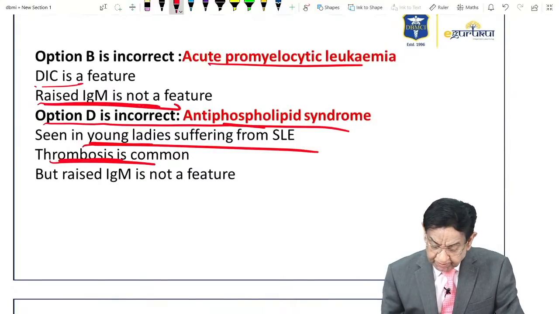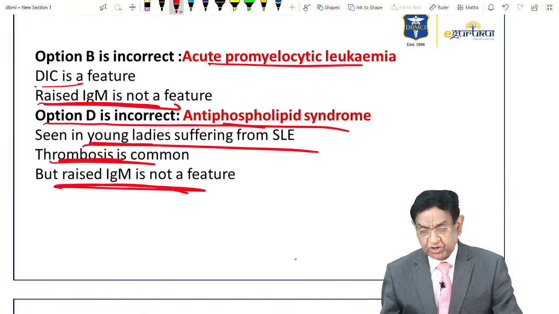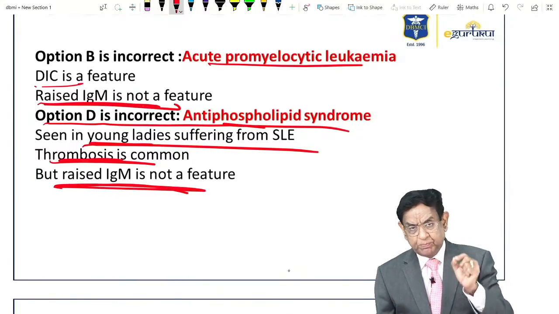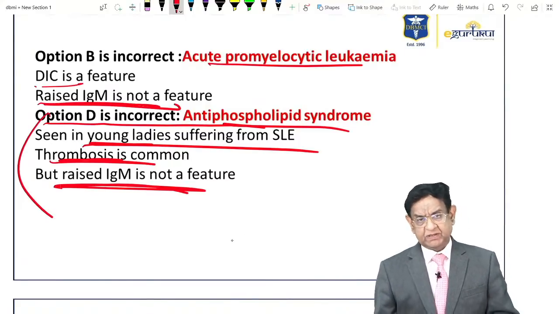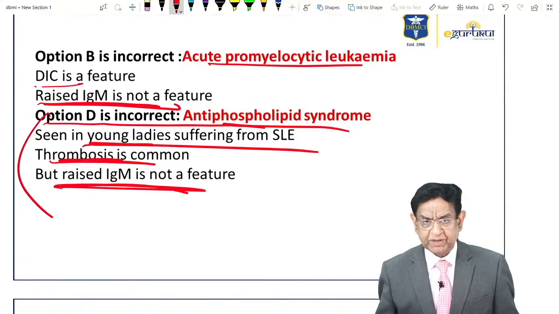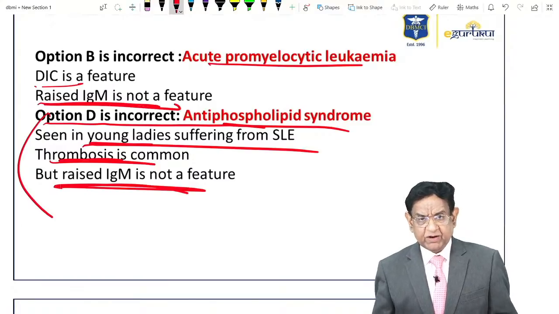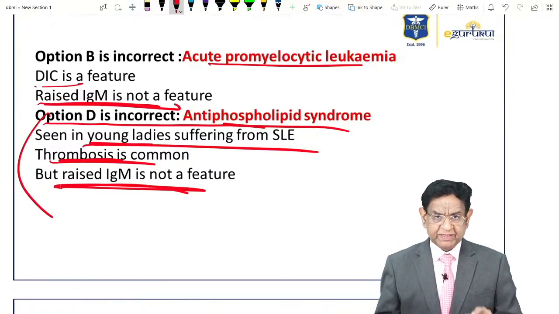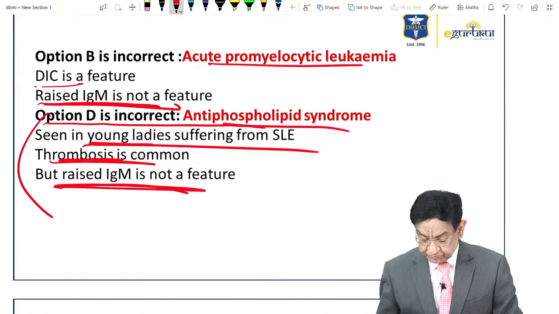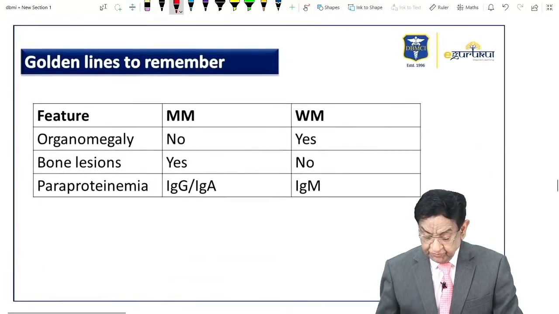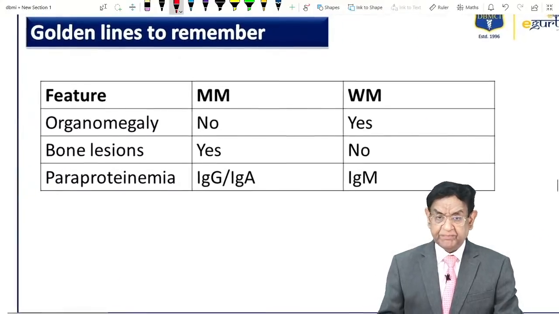Thrombosis is common, but raised IgM is not a feature. So the point to be noted: in this lady there can be deep vein thrombosis, but again the age is important. One thing is very clear, all the lymphoproliferative disorders occur in elderly people. So such an age rules out antiphospholipid syndrome also.